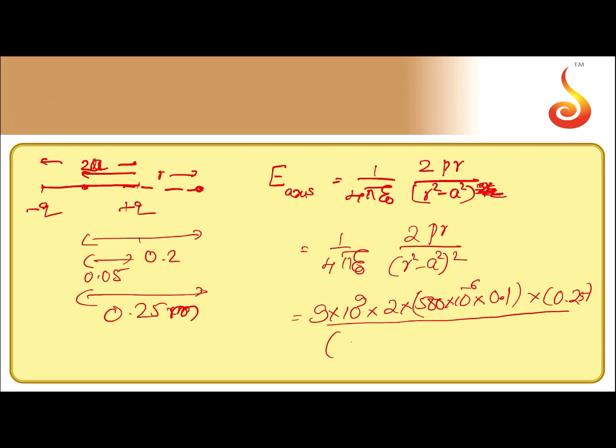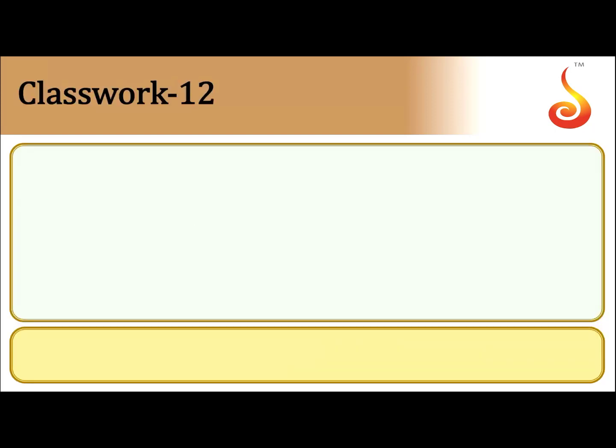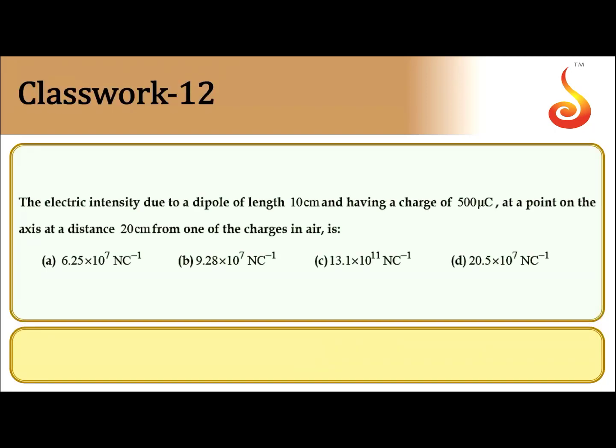So 0.25, 0.25 square minus 0.05 square whole square. And upon simplification, you get this as 6.25 into 10 to the power of 7 Newton per Coulomb. So the electric field is 6.25 into 10 to the power of 7 Newton per Coulomb. A is our correct choice.